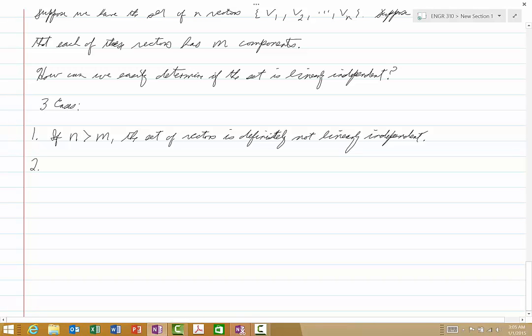Two, if n equals m, list the vectors as a matrix and then calculate the determinant of the matrix.